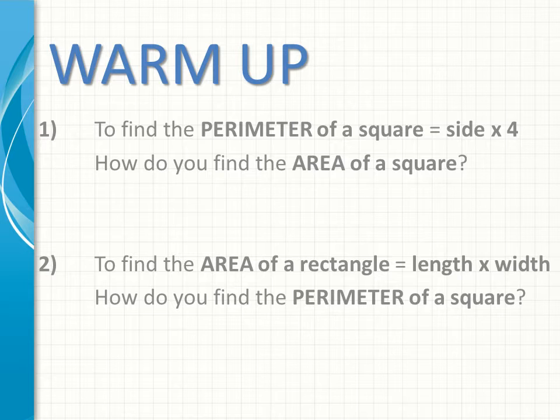The second question says, to find the area of a rectangle, we multiply length by the width. Now, your question is, how do you find the perimeter of a rectangle? So the first thing you write down is the formula to find the area of a square. And the second thing is the formula to find the perimeter of a rectangle.